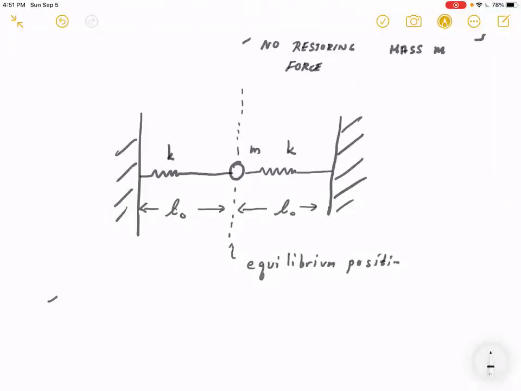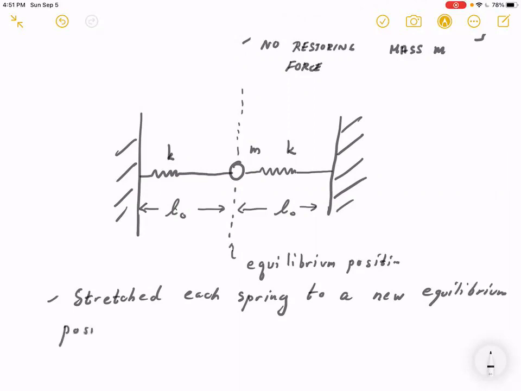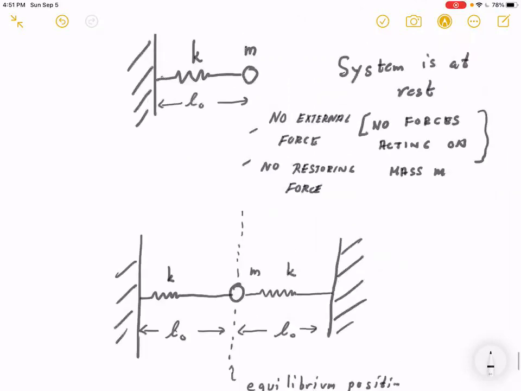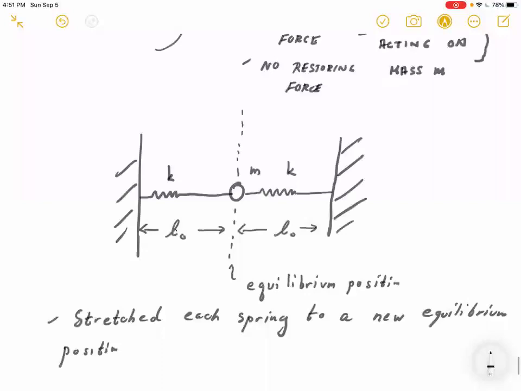So what I've done in this diagram is I have stretched each spring to a new equilibrium position. Not the same equilibrium position as we had here, but to make my notation simple, I'll still call it L naught. And in this equilibrium condition, the system, namely the mass, is at rest.